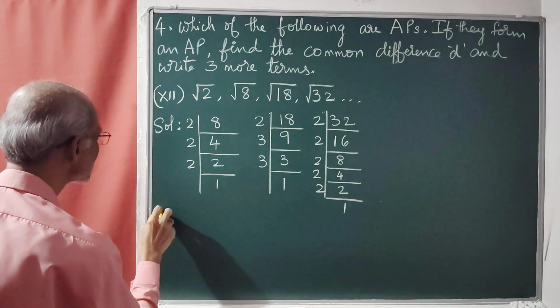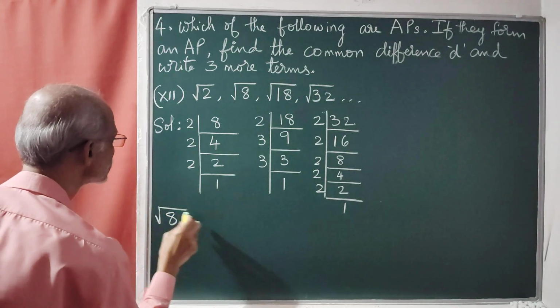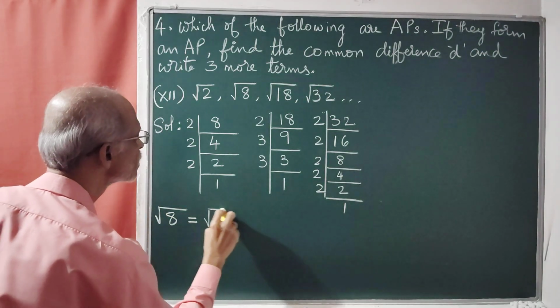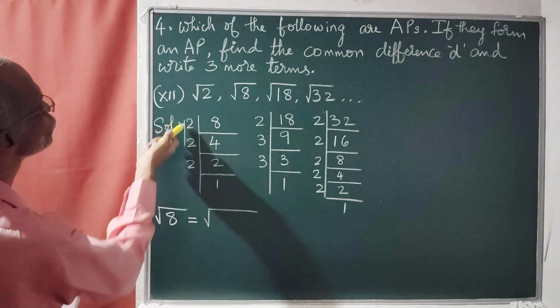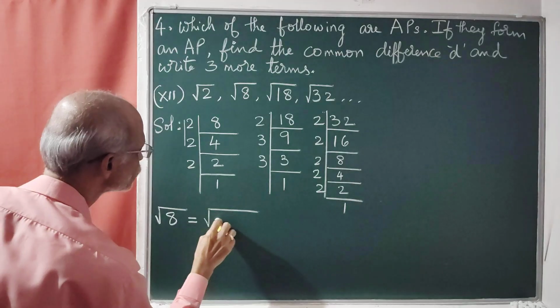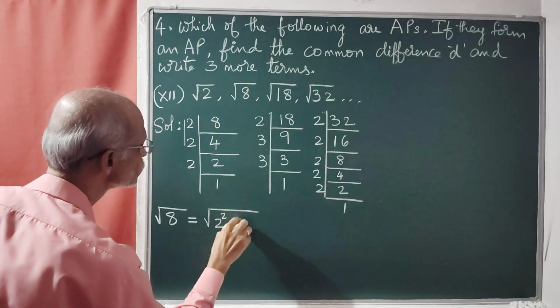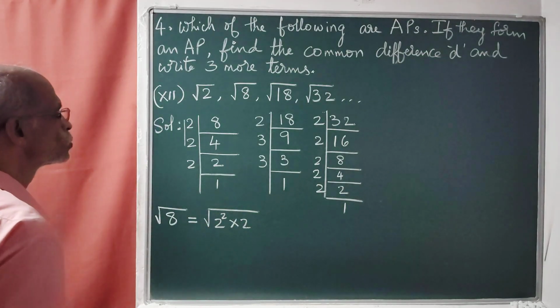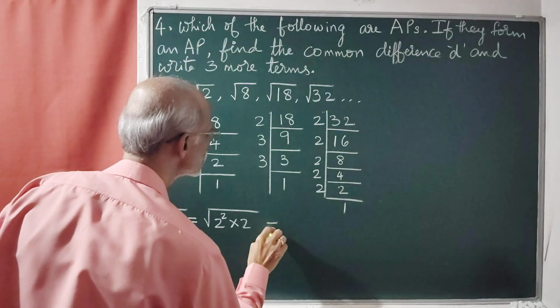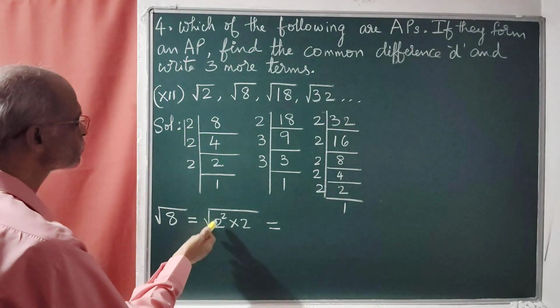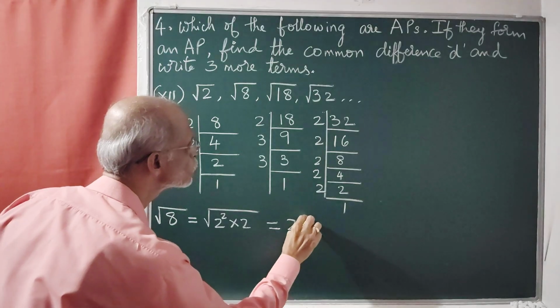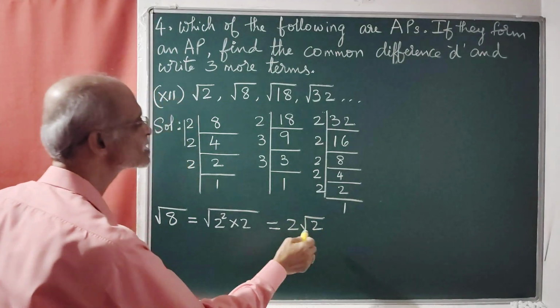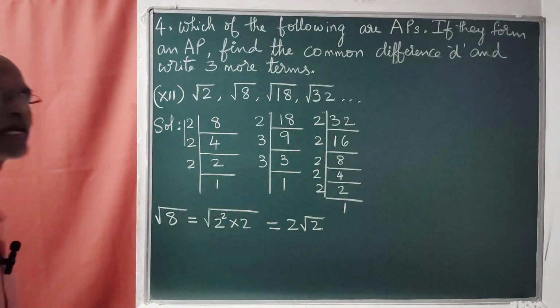So root 8 can be written as 2 square into 2. Now this 2 square, if I bring it out of the root, it will become 2. So we will get 2 root 2. 2 root 2 is the simplest form of root 8.